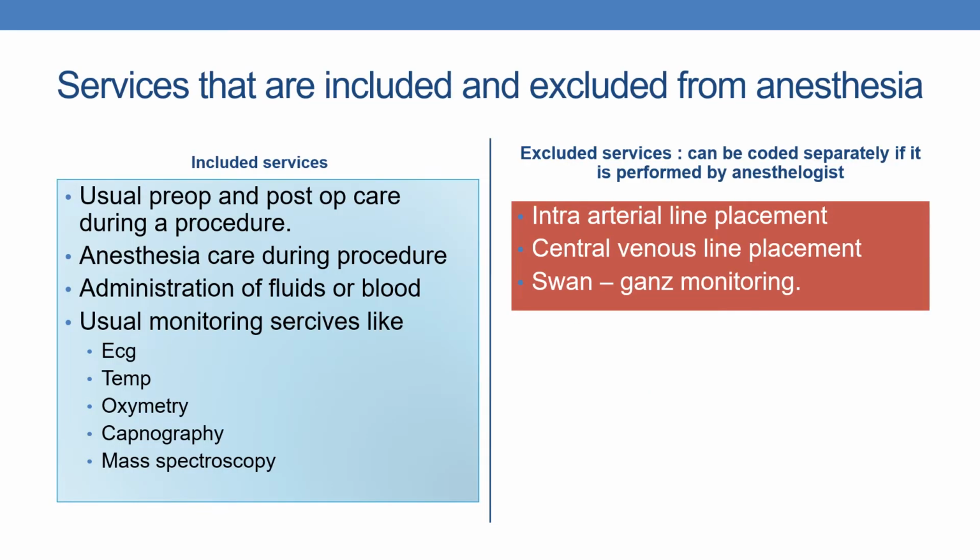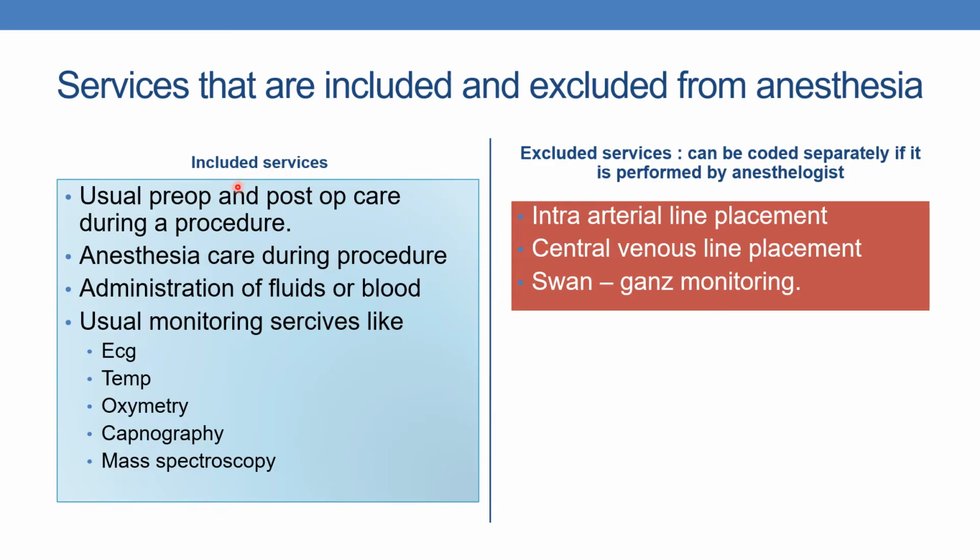Services that are included and excluded from anesthesia. During any procedure or any surgery, there are a specific set of services that are performed on the patient. Some services are included within the surgery package and some services are excluded, that is, they can be coded separately. So let us discuss the services that are included and excluded from anesthesia. First, let us discuss included services.